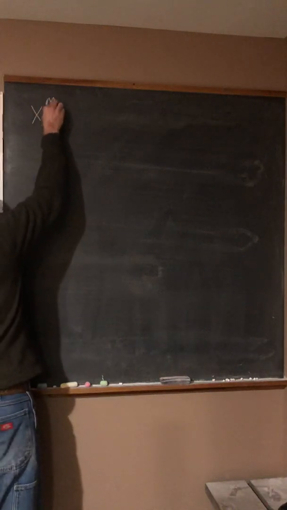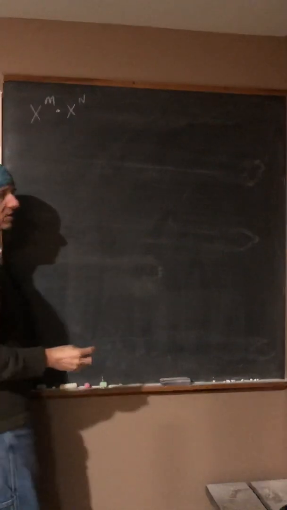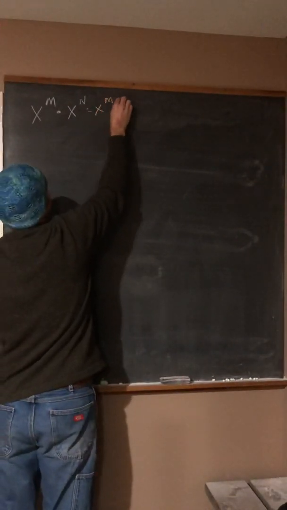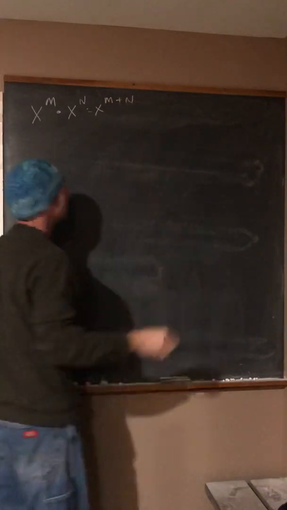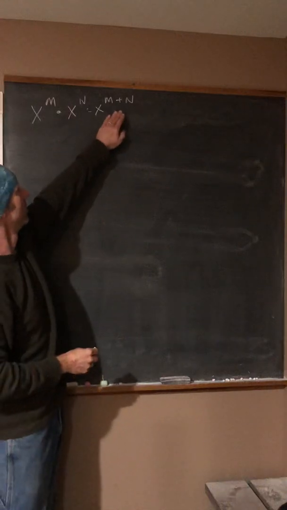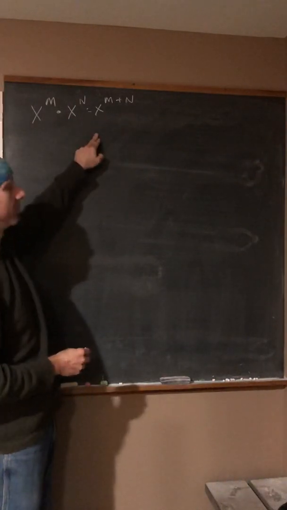x to the m times x to the n, I can simplify that to x to the m plus n. And so here we have a product, and we can add the exponents up as long as the base is the same.